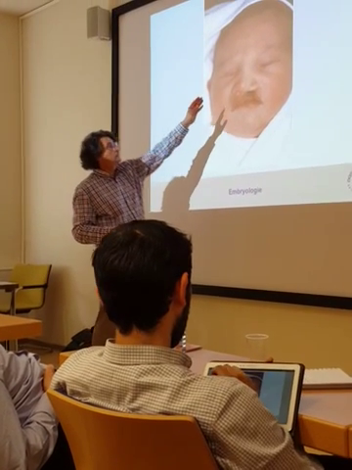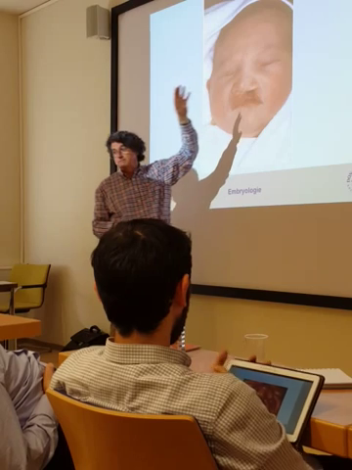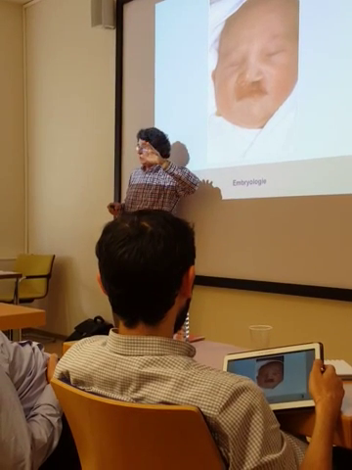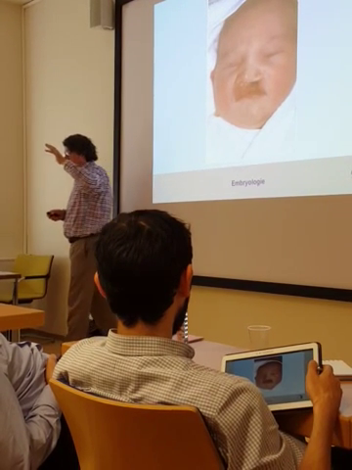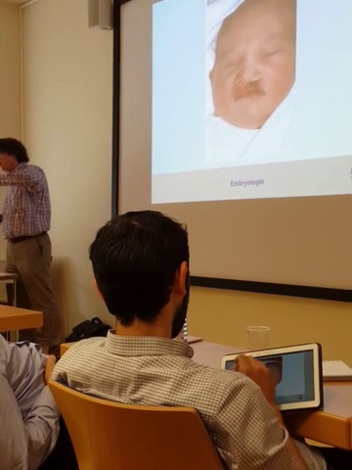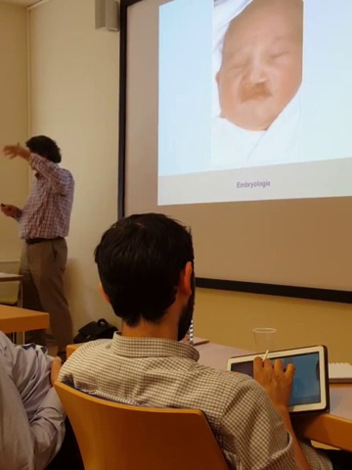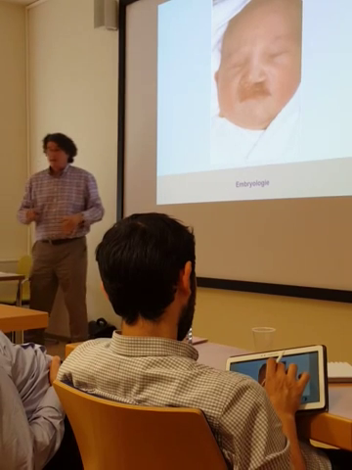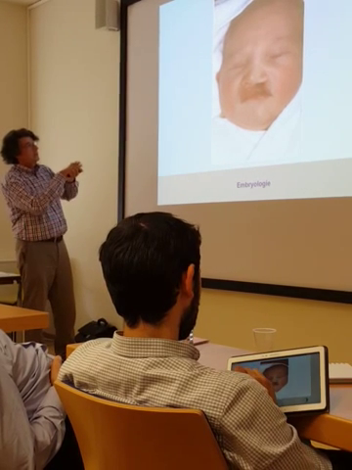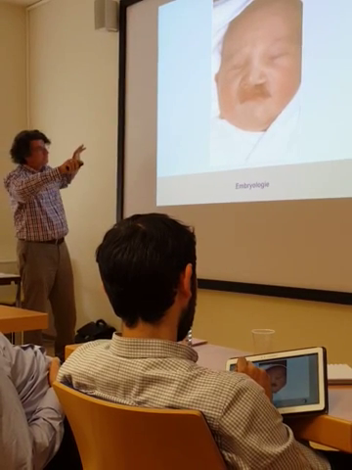And all the children, they have very severe deviation of the septum to the so-called healthy side, to the side where there is no cleft. And the nostril on this side is really stretched very far.